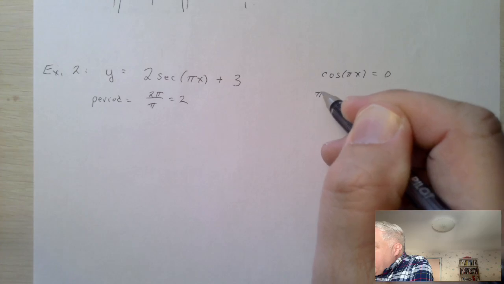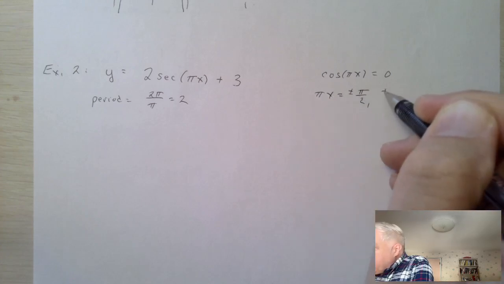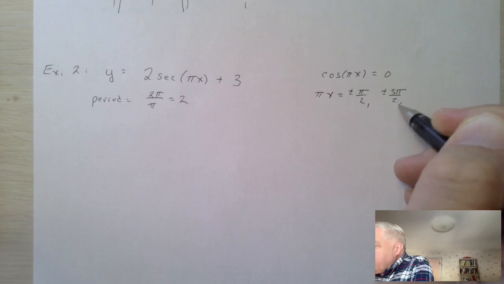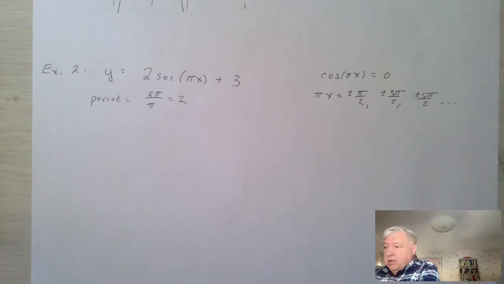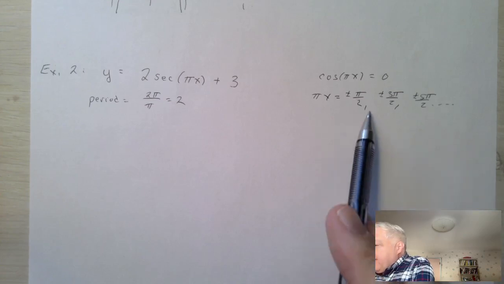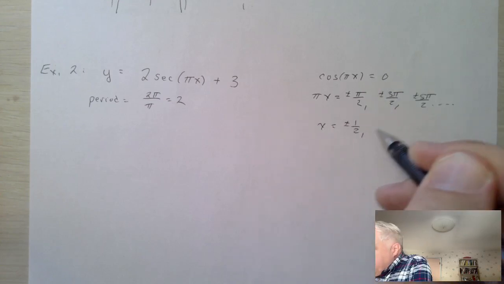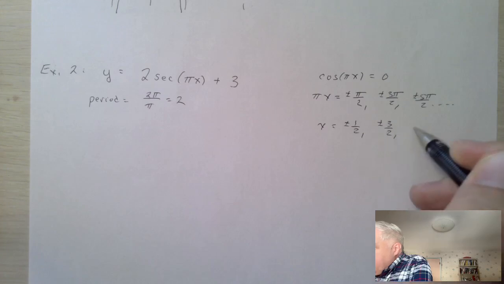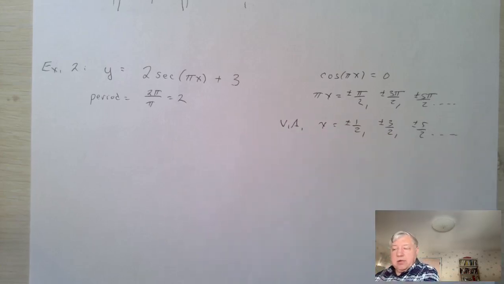So that means pi x is going to be plus or minus pi over 2, plus or minus 3 pi over 2, plus or minus 5 pi over 2, and so on. If we divide by pi, the pi's cancel, and we get x is plus or minus 1/2, plus or minus 3/2, plus or minus 5/2, and so on. So that will be where the vertical asymptotes are.